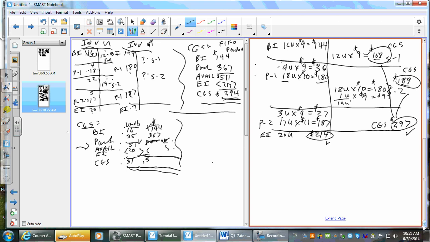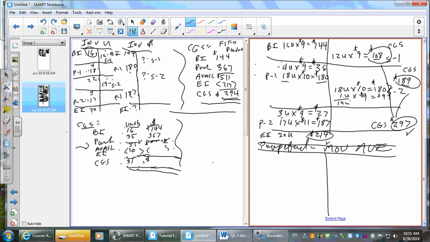Okay? So here, what we're going to do this time, this is still going to be perpetual. But this time it's moving average. And if you can do the LIFO, the moving average is just not a big deal.